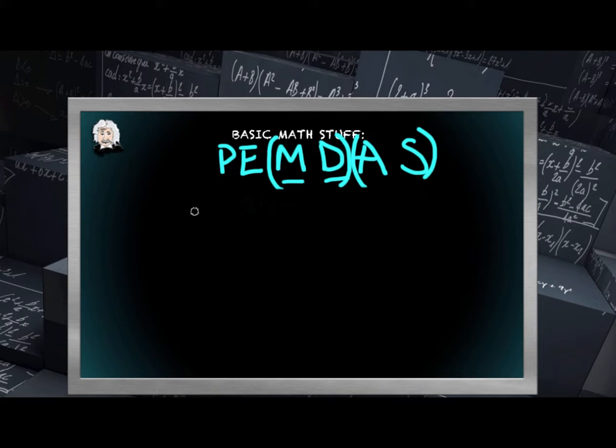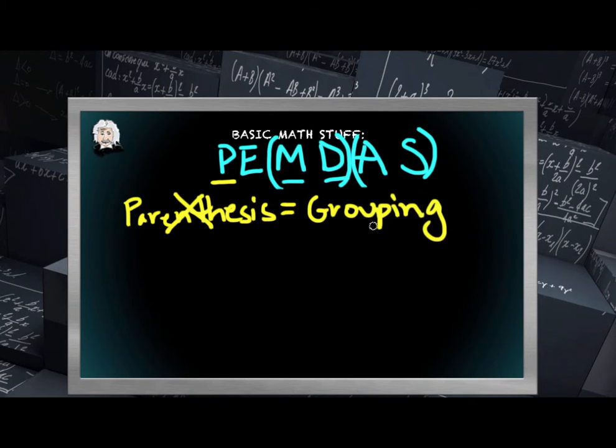A smart student might take a look at this and say, teacher, parentheses is not really an operation. Parentheses is just a grouping. It's not addition, it's not subtraction, multiplication or division. It's not an operation. So why is it included in a rule of order of operations? Very good point.